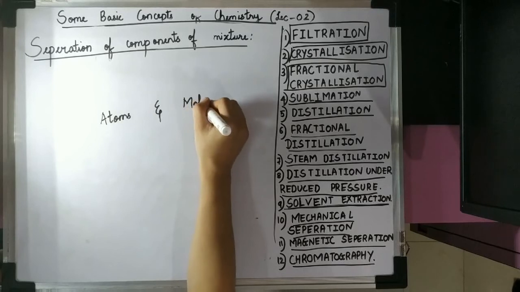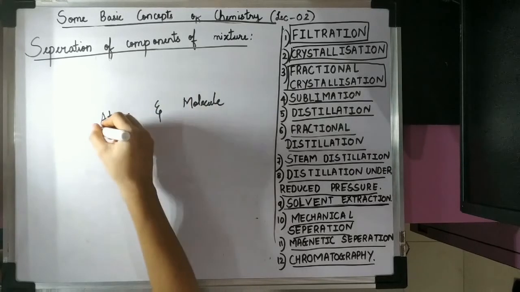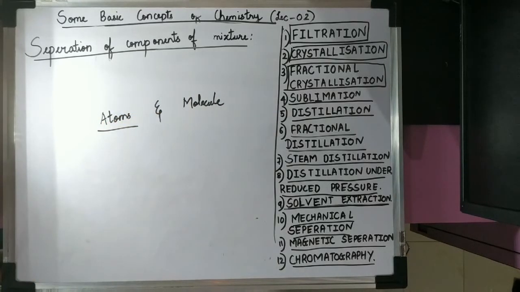Now write down the definition of atom. What is an atom? Atom is the smallest particle of an element that may or may not exist independently, and it takes part in a chemical reaction.